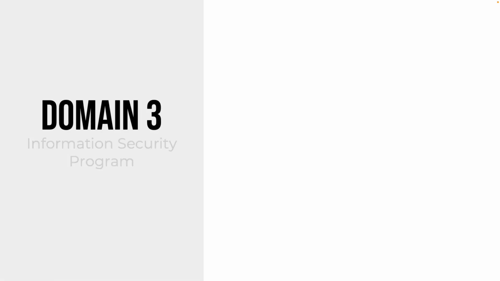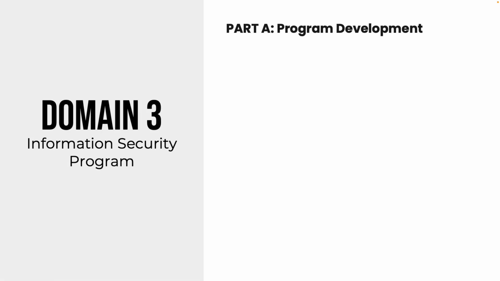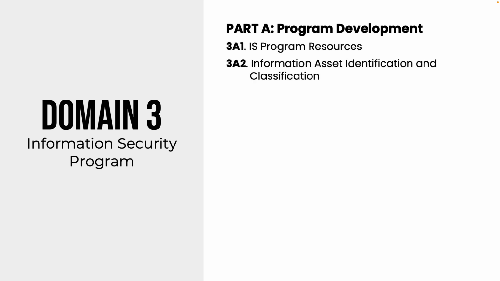So if we look at Domain 3 by topic, we're focusing on program development in the first half of the domain, including program resources, information asset identification and classification. This is where quite a lot of foundational knowledge is expected. I'll cover that to make sure that we fill any gaps you might have in your experience.